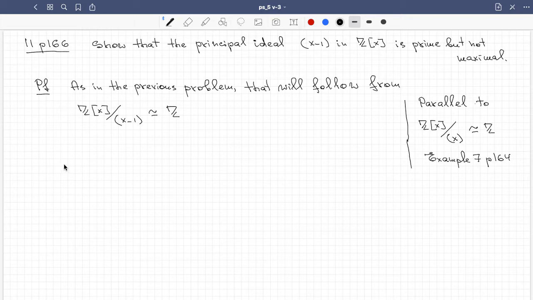We consider the map from polynomials with integral coefficients to integers, where a polynomial is taken to its value at 1.